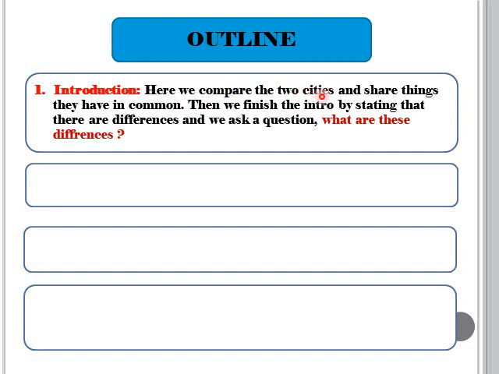Here we compare the two cities and share the things they have in common, the similarities between Marrakech and Agadir. Then we finish the introduction by stating that there are differences and we ask the question: what are these differences? So what are these differences? This is the introduction.